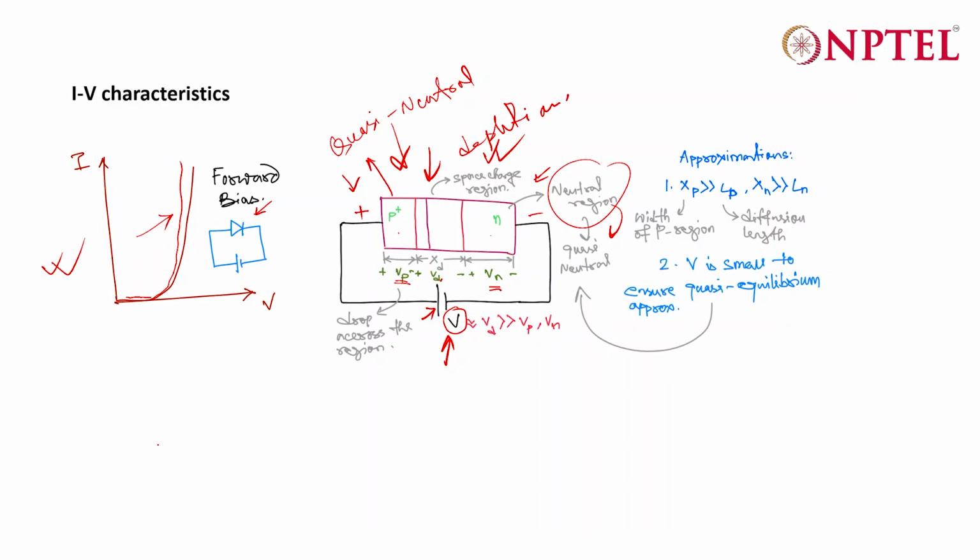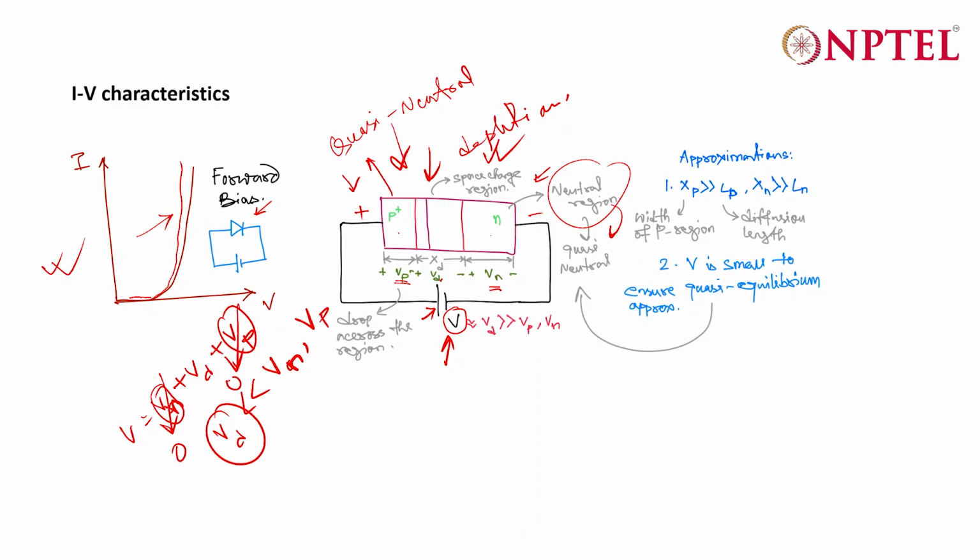So the total voltage V is actually equal to Vn plus Vd plus Vp, right? And we consider Vn and Vp both very small compared to Vd. So you can neglect these two.